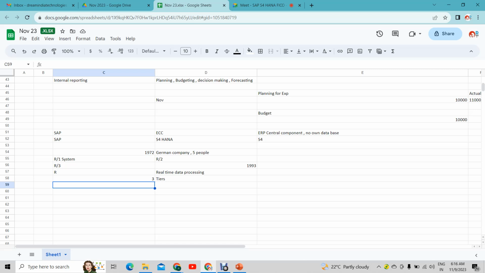Presentation, application, and database. The application server, then the client, and you call it the database. Any application needs a database, right?